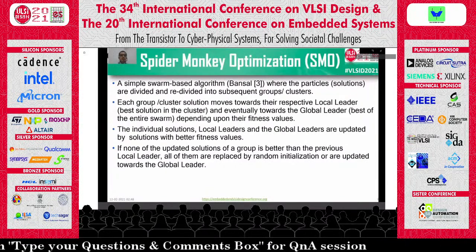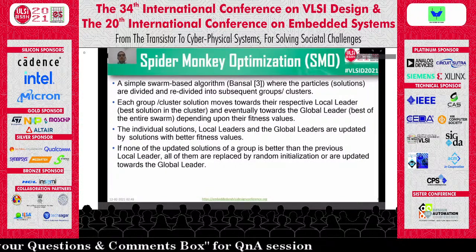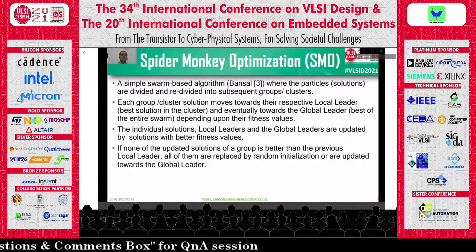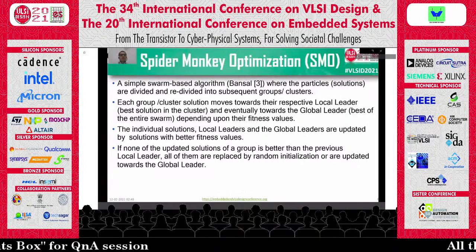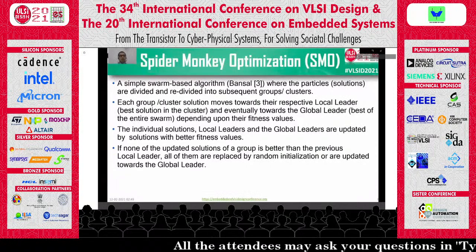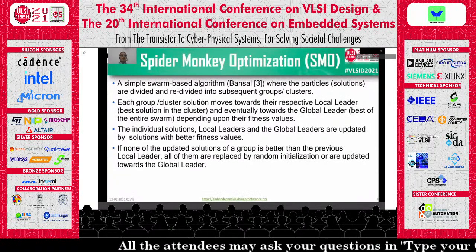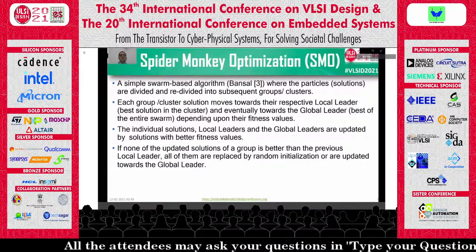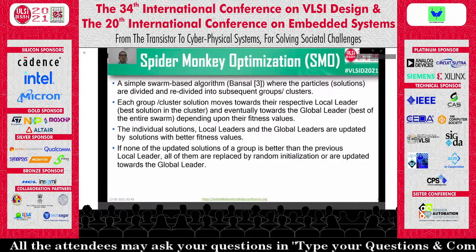Now, SpiderMonkey optimization is a recently developed highly efficient algorithm which outperforms well-known algorithms such as genetic algorithm or simulated annealing or particle swarm optimization, etc., in terms of the quality of the solution generated or the total execution time required. More detailed analysis has been discussed in the paper mentioned.